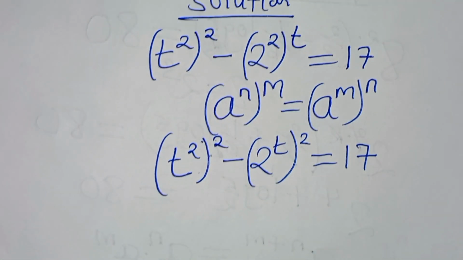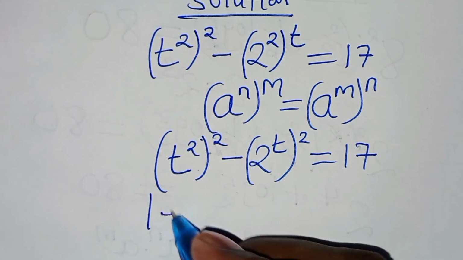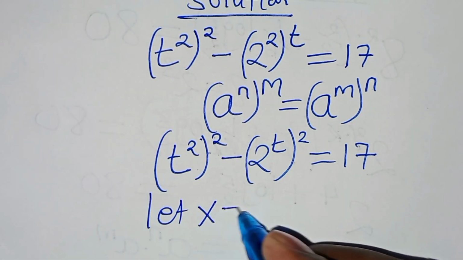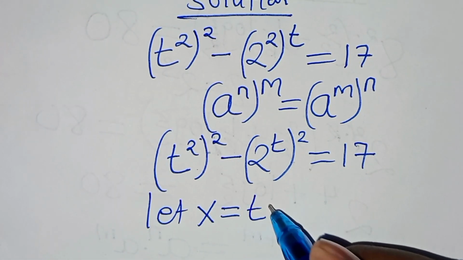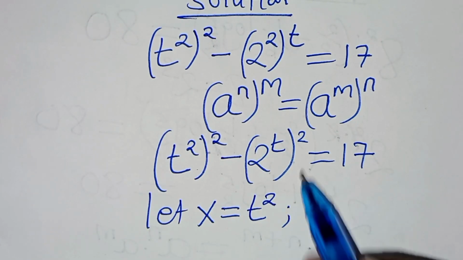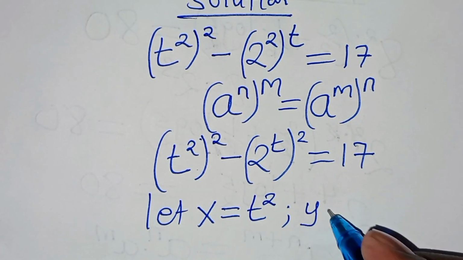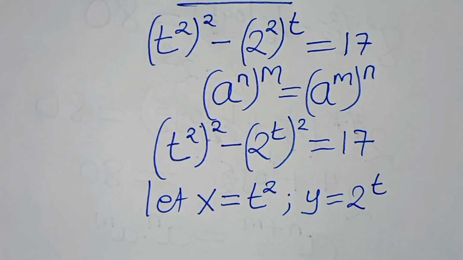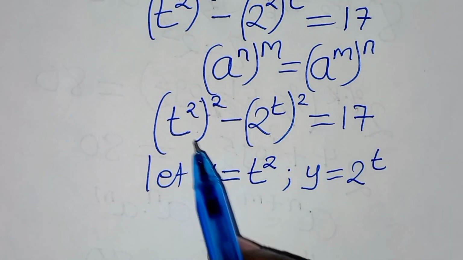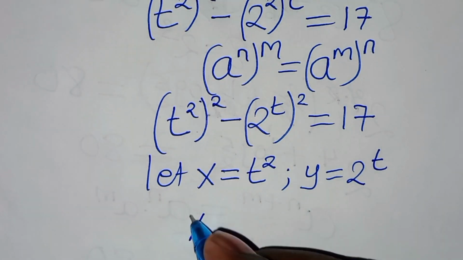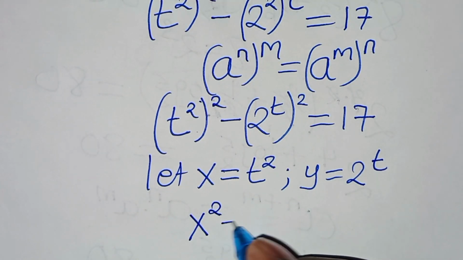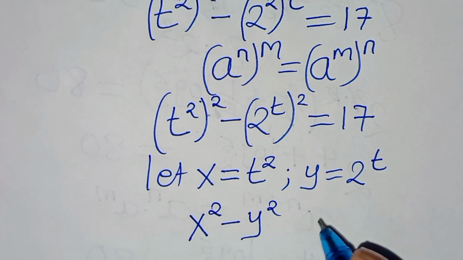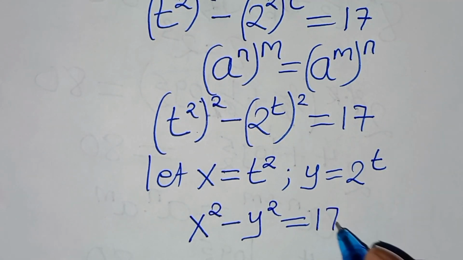The next step from here, we let x be equal to t to power 2, and now we let y be equal to 2 to power t. So that now this is the same thing as x squared minus y squared, which is equal to 17.